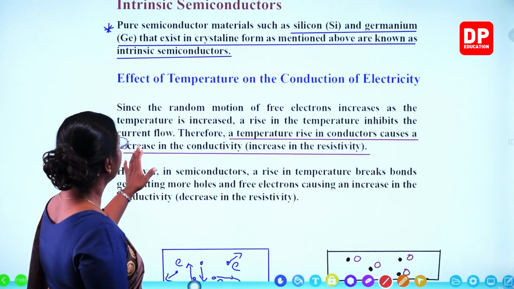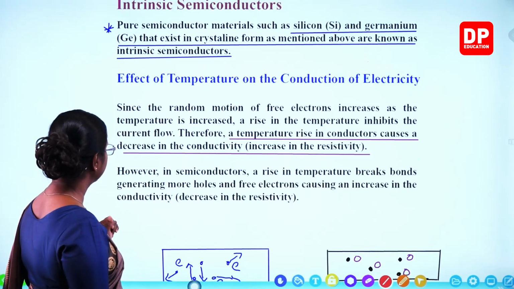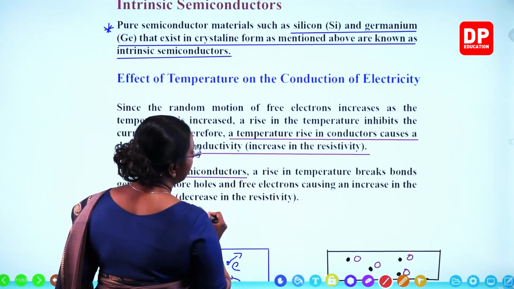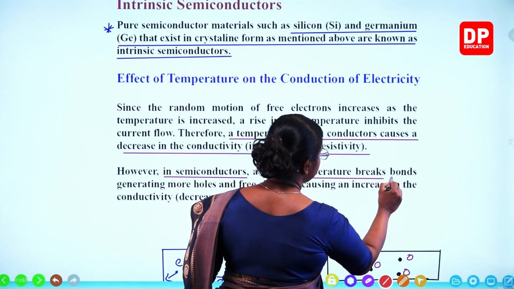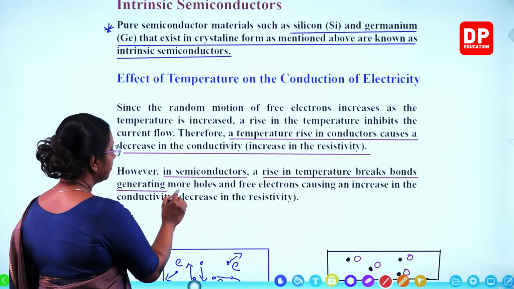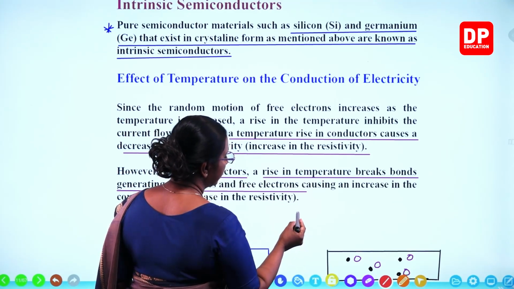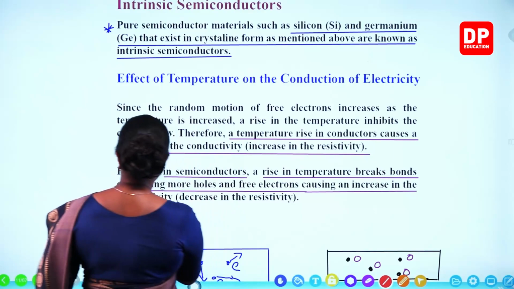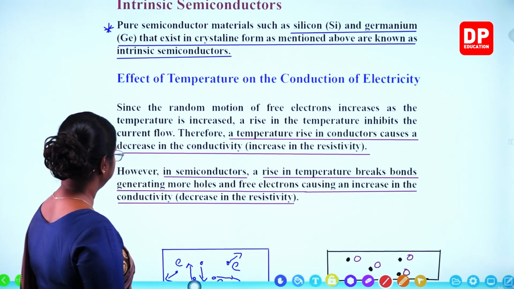That is for conductors. However, in semiconductors, a rise in temperature breaks bonds, generating more holes and free electrons, causing an increase in the conductivity, that is, decrease in the resistivity.